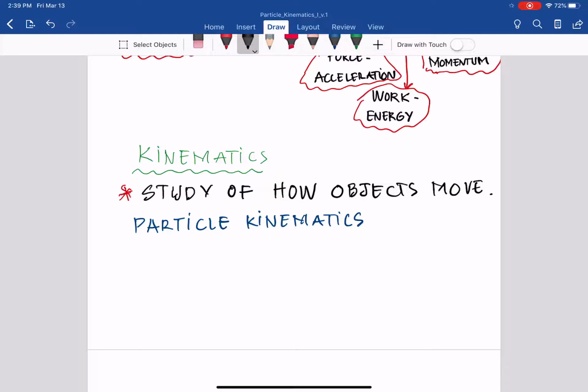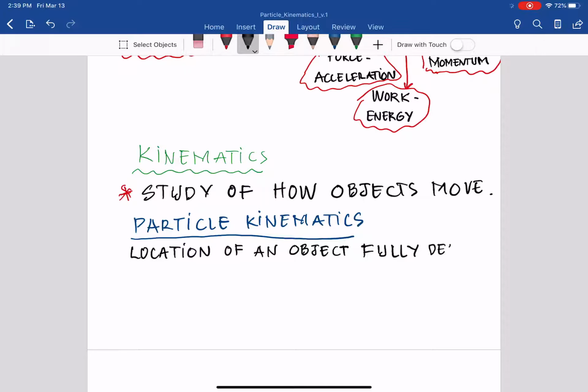So for particle kinematics, the location of an object fully describes the motion.